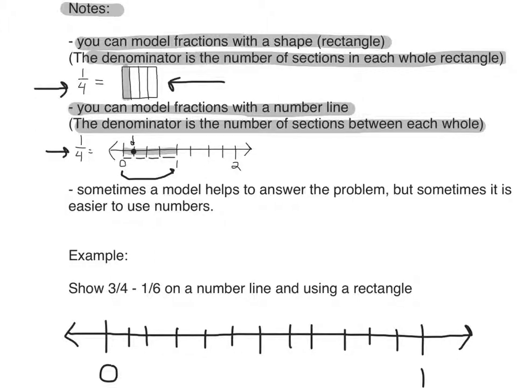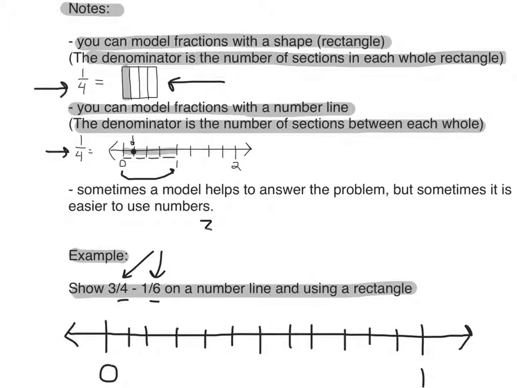All right, example. We're going to show 3/4 minus 1/6 on a number line and using a rectangle. So let's start on the number line. When you are dealing with fractions that have different denominators like these, you're going to want to find a common denominator, find your equivalent fractions first, and then use your number line. So the common denominator for 4 and 6 would be 12.